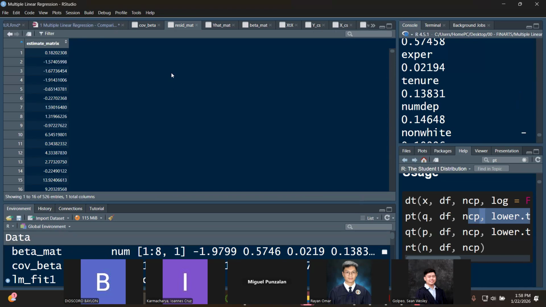We square this, class, by getting the transpose. Okay, how do we do that? Let me illustrate. So this is my epsilon matrix, class, and it's n by 1.